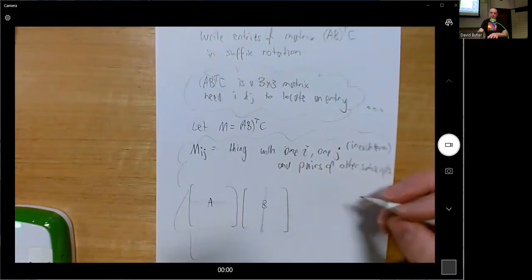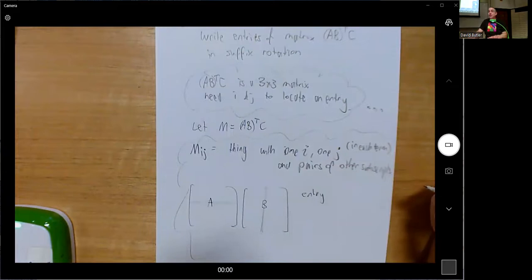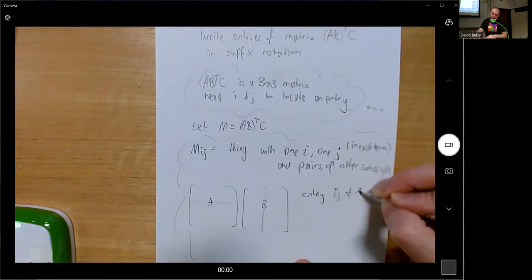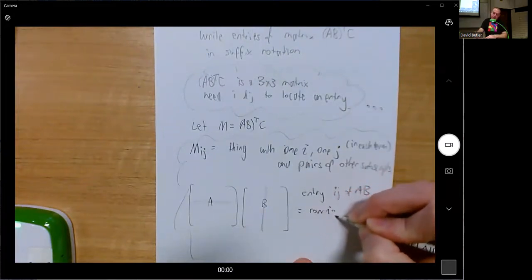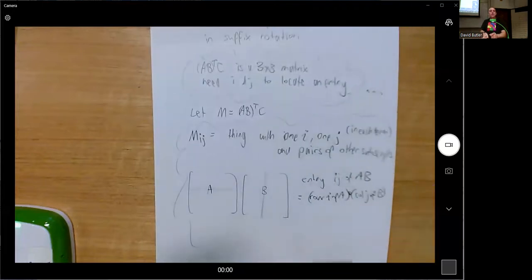So entry ij of AB is row i of A dot product column j of B. That's how you do matrix multiplication.